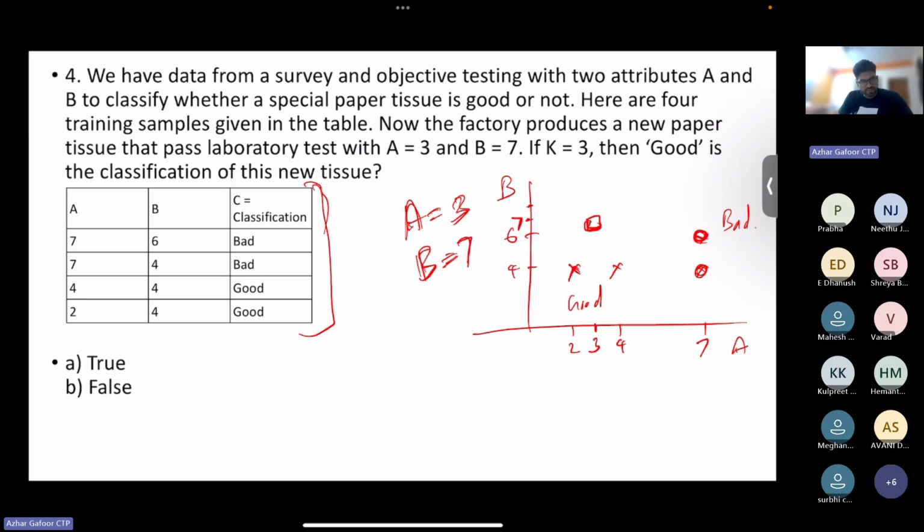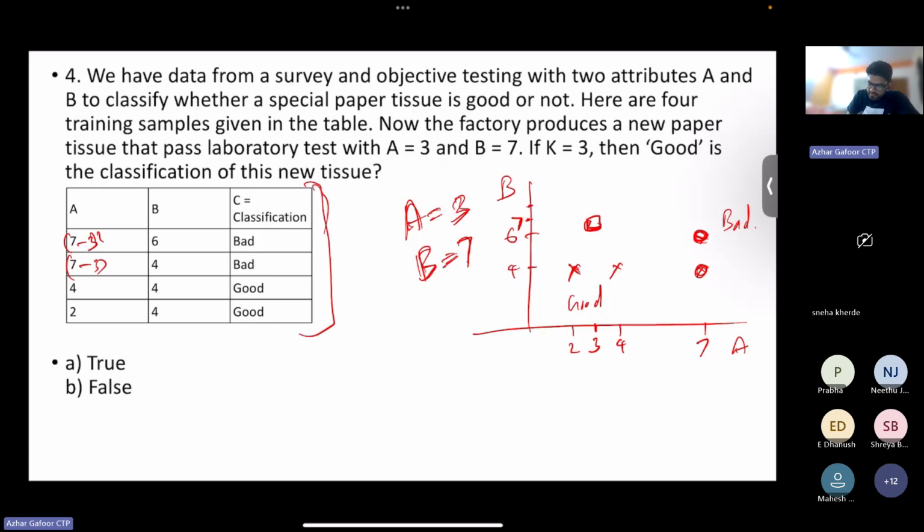Let's go step by step. First we have to find the distance between the new data and the old data that we have. In the first case, 7 minus 3 whole square, 7 minus 3 whole square. Then 4 minus 3 whole square, and so on for the others.